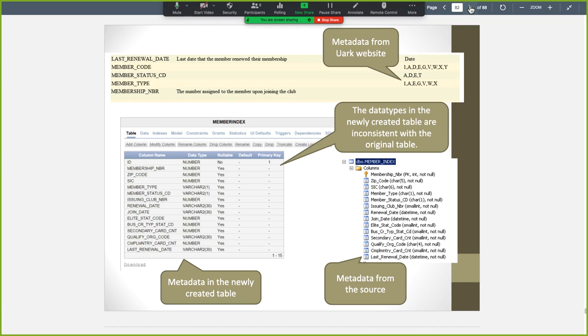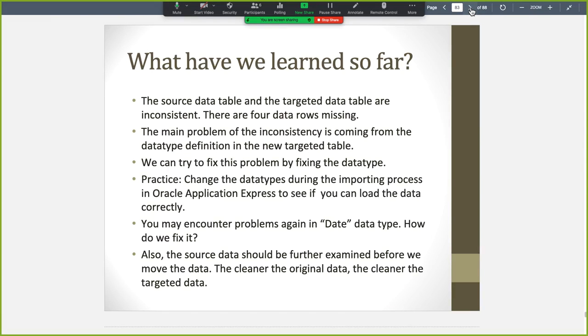And more examples just tell you how to check the quality by looking at the original query from the original system, which is in the SQL database, and the new system, the Oracle database. So that process is described very well. When you move data, that process is also called the ETL process: extraction, transfer, and loading. And textbook chapters 3 and 4 talk about putting an Excel spreadsheet into a database.